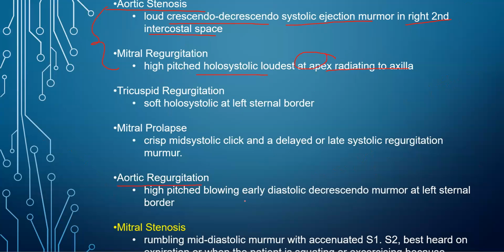Aortic regurgitation is an early diastolic murmur at the left sternal border, which is at the left fourth intercostal space. Mitral stenosis murmur is a mid diastolic murmur, a kind of rumbling, best heard at the apex. Mitral prolapse is a systolic murmur with a click.